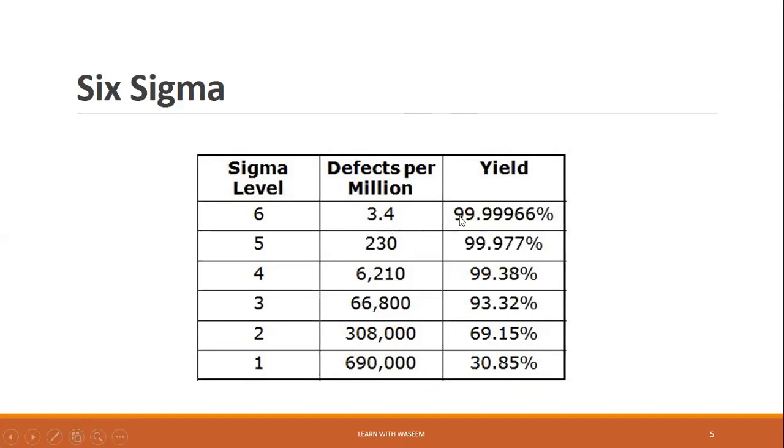That means that it yields 99.99966%. So that's why 6 sigma is important. But in order to achieve 6 sigma, different organizations have to go through different processes, and they have to improve the quality continuously. Okay, so attaining the 6 sigma level is not a very simple or easy process.